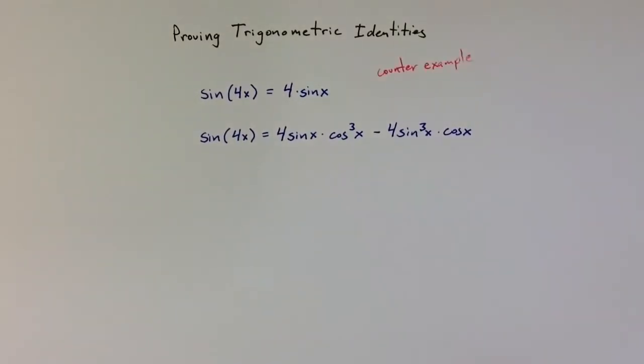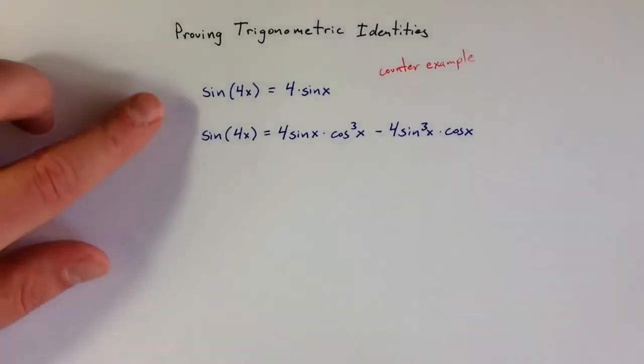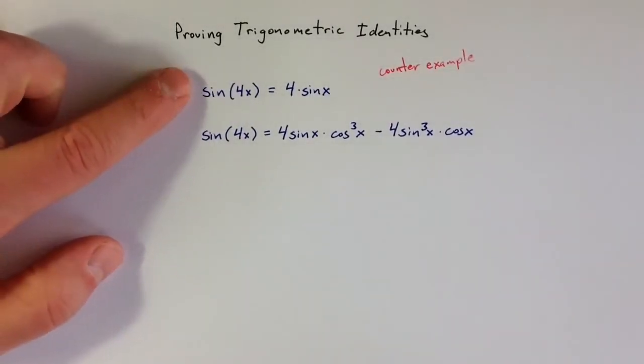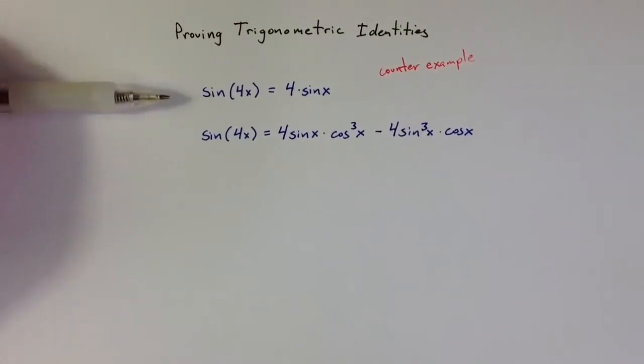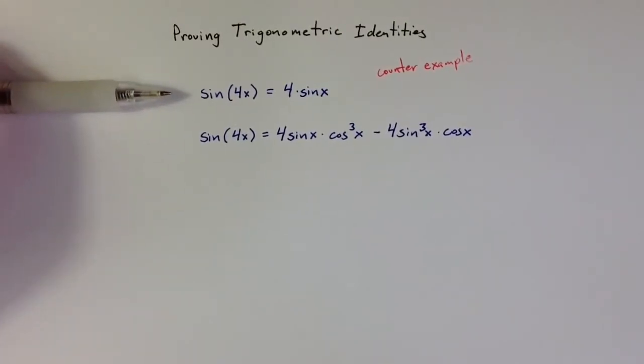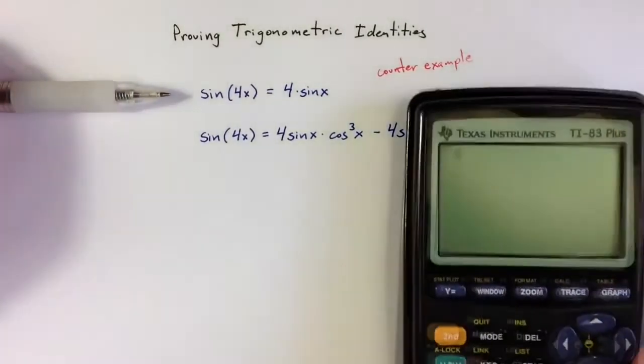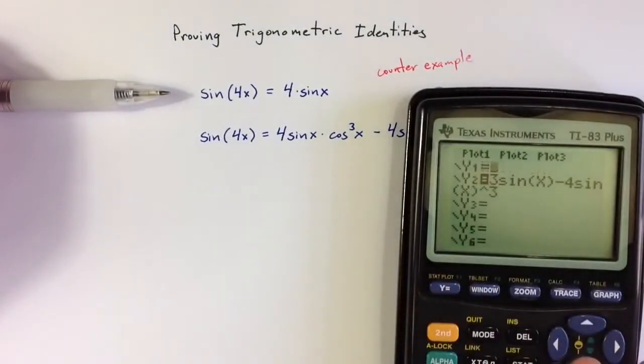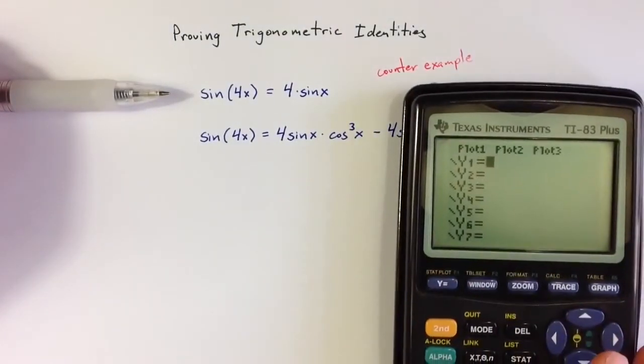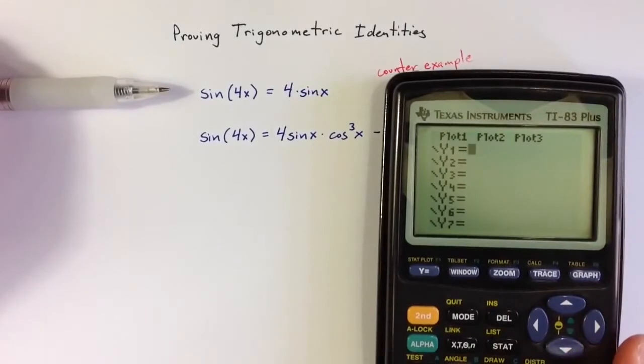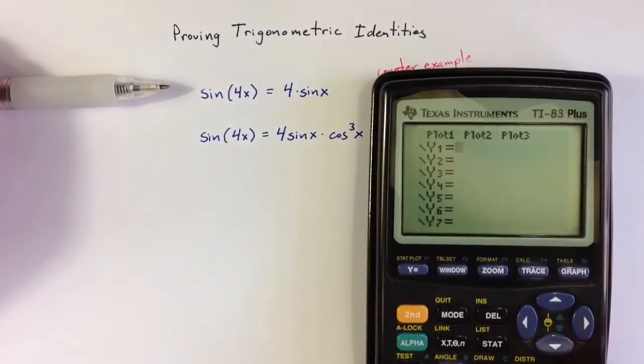To show that something isn't a trigonometric identity, we need a counterexample. This upper equation turns out to not be a trigonometric identity, and we can see a counterexample by using the calculator. If I enter the right-hand side and the left-hand side into the calculator as y1 and y2, I get sine of 4x for y1 and 4 times sine of x for y2.